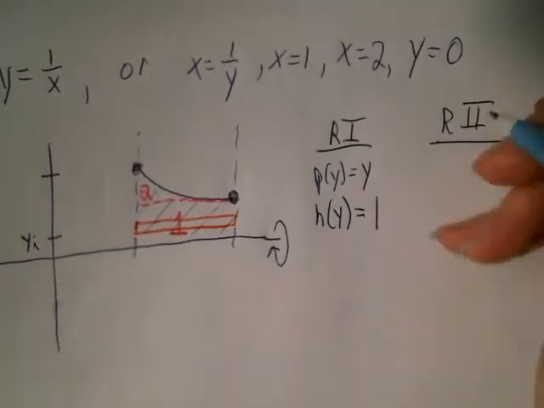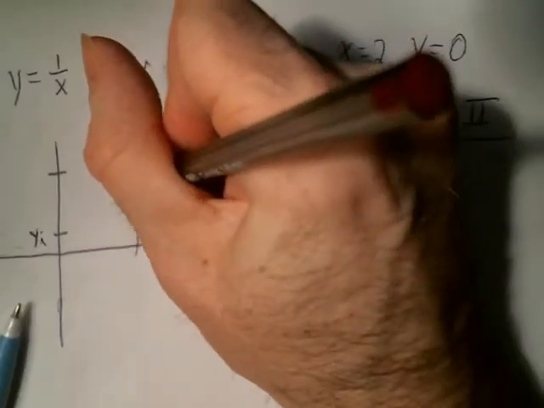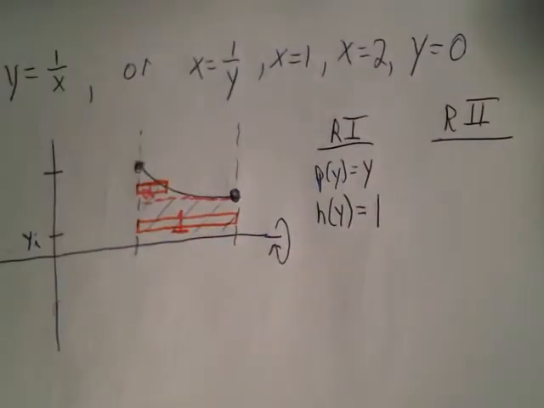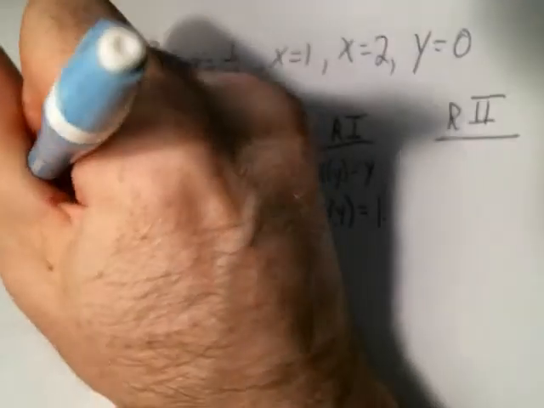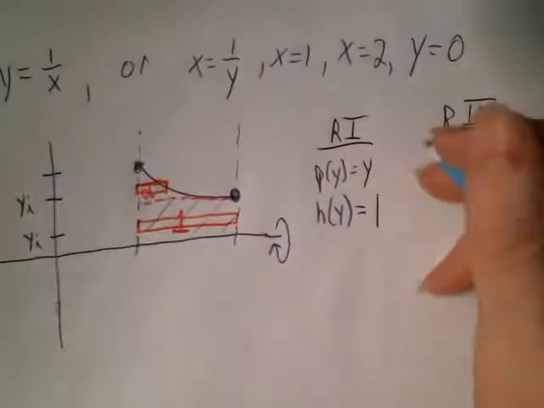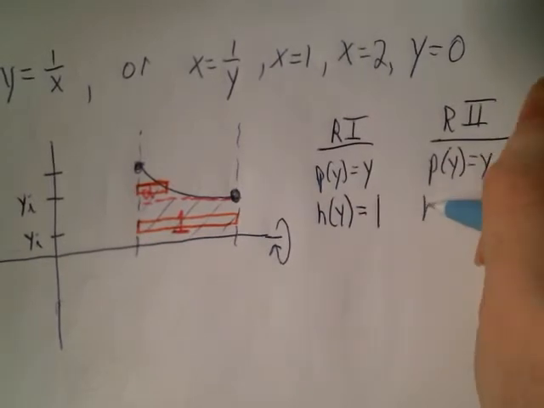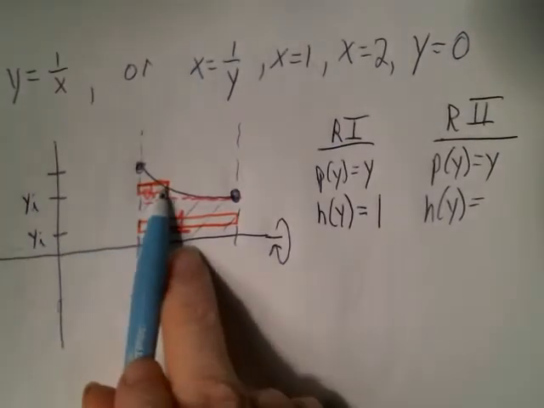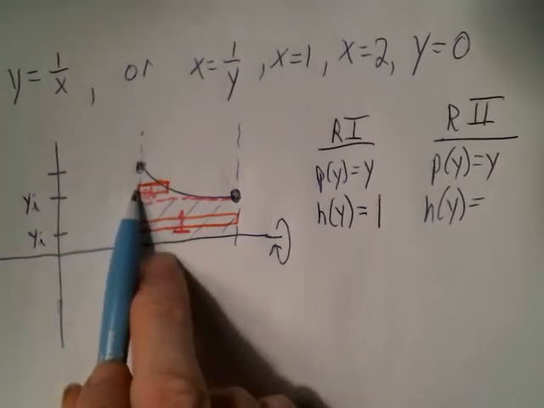On the other hand, in region 2, it's a variable height. So the rectangles look like this. The radius function still is just y, but the height function now will be a little bit different, right? It's this distance to the curve minus this distance here to the bottom of the rectangle.